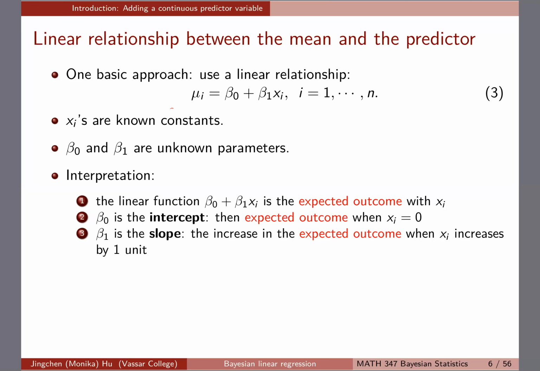You may have seen this in other contexts before, that sometimes it's beta 0 plus beta 1 xi, sometimes it's alpha plus beta times xi. Whatever, those two are what people usually call regression coefficients. And for notation, the xi's are known constants, or maybe I shouldn't say constant, but just observations.